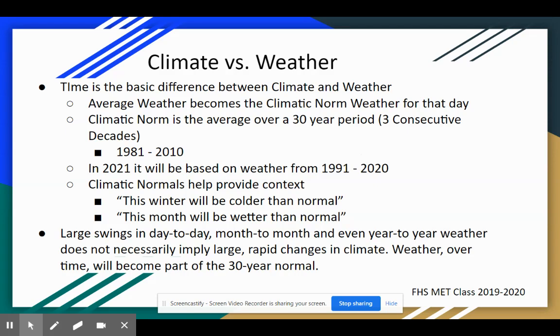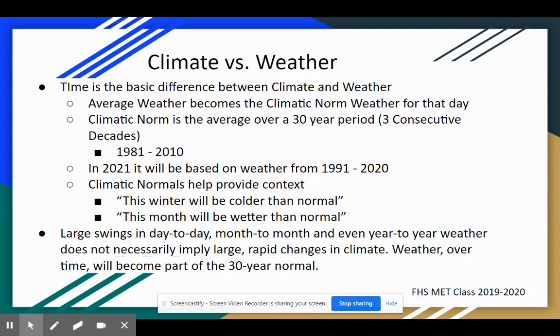So again, the averages may change if the 30-year normal changes, and next year we'll actually be able to look at how it differs, but that's what our averages are based on. Right now, our averages are based on 3 decades from 1981 to 2010.